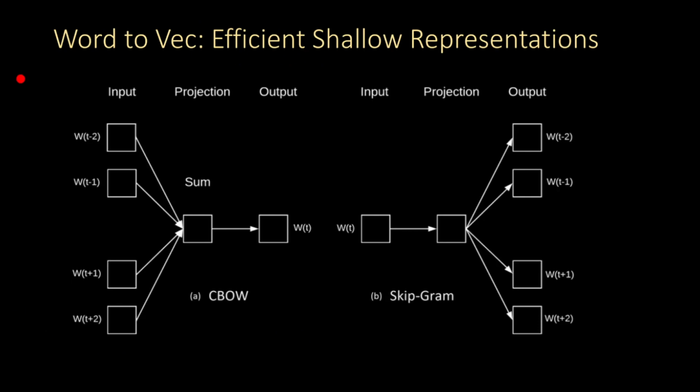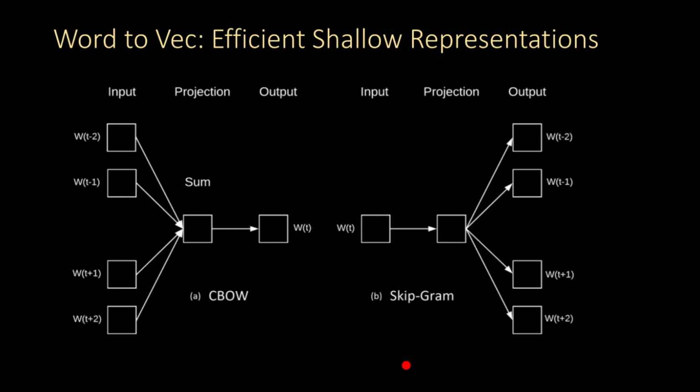Now, Mikolov et al. 2013 discovered a more efficient way of encoding words. So if you remember the neural language model, you can actually use a neural language model to create embeddings or word representations. If you remember the projection layer, that projection layer can be trained such that the words that are closer to each other in the semantic space are actually algebraically closer to each other in the vector space as well.